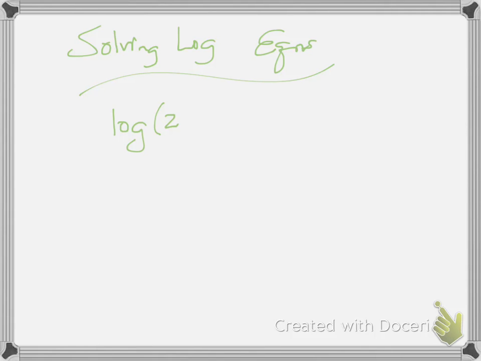Now let's look at how to solve log equations. In order to do that, we're looking for some real specific stuff. Let's say you had log of 2x plus 5 is equal to log 3x minus 7.